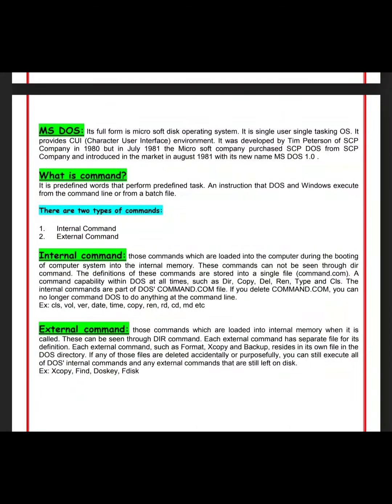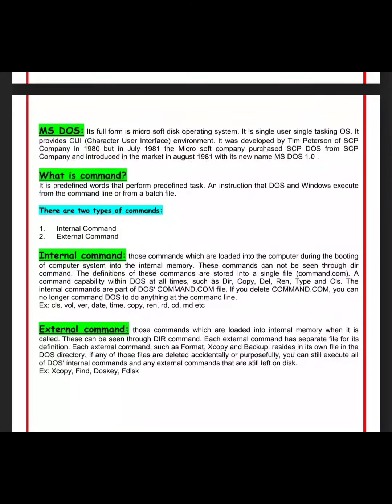Internal commands are a part of the DOS command.com file. If you delete command.com, you can no longer command DOS to do anything at the command line.